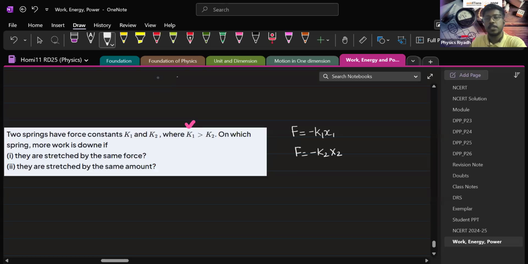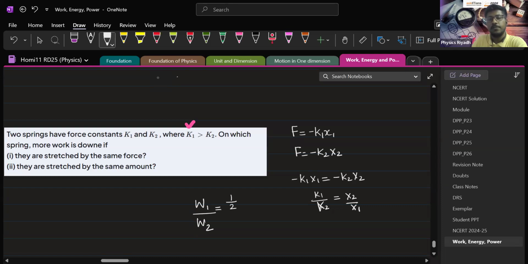So K1 x1 is equal to K2 x2 because the force is the same, stretched by the same amount of force. Or I can say K1 by K2 can be written as x2 by x1. Now we need to calculate the work done, which is greater, which you can take by the ratio. Work done in the first case divided by work done in the second case by the spring.